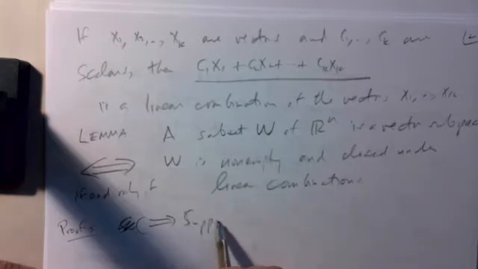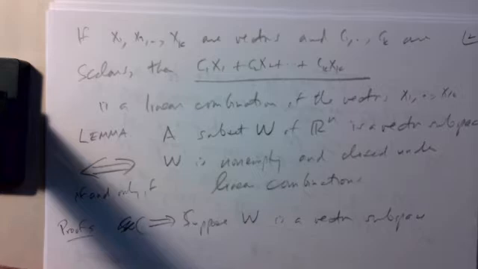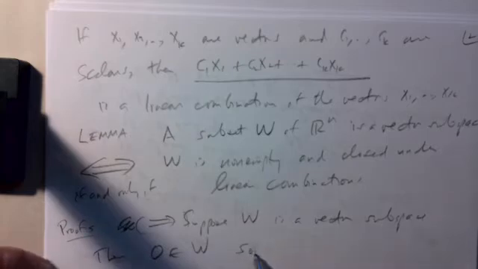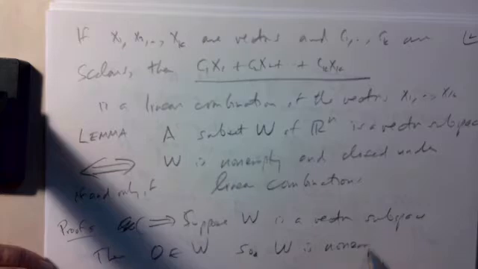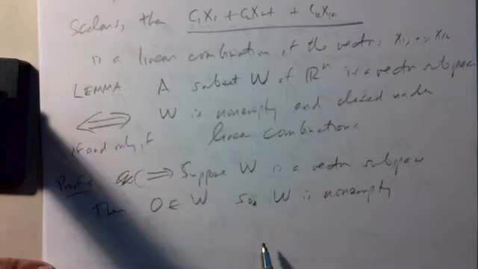So suppose W is a vector subspace. Then the zero vector is in W, because that was the first condition for a subspace. So W is non-empty. A set is empty if it doesn't contain anything, and W has to contain zero, so it's not empty.